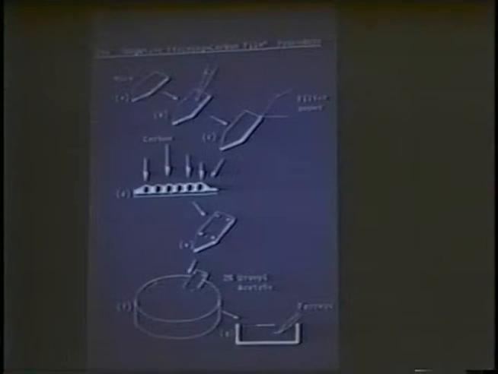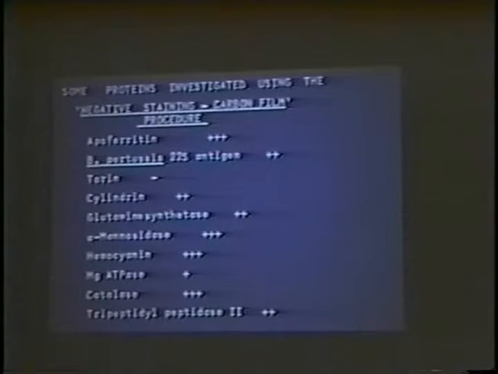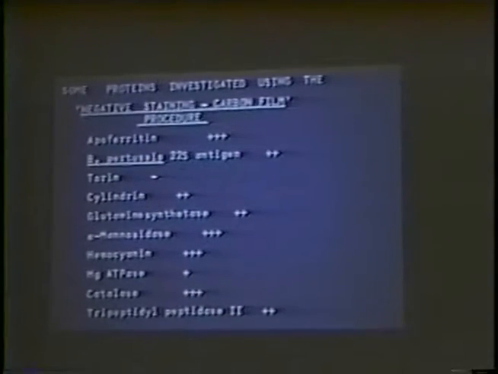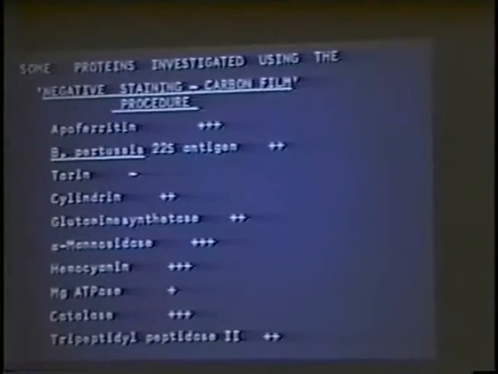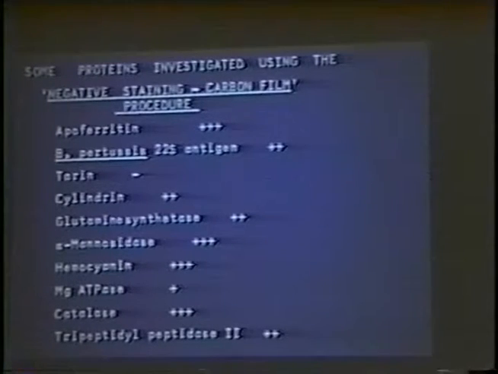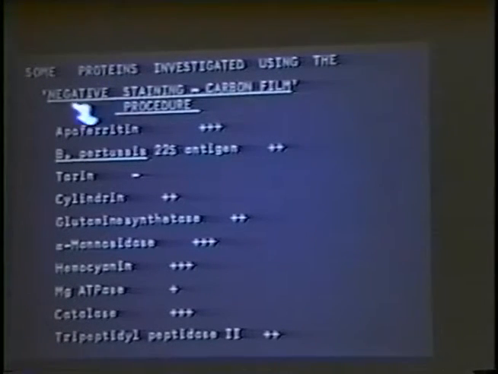The next slide lists some of the proteins with which I've had some success using the negative staining carbon film procedure. My earliest work was done with the apoferritin molecule and the Bordetella pertussis 22S antigen.